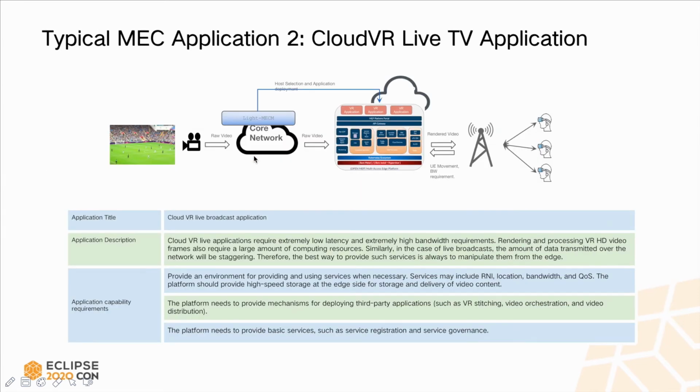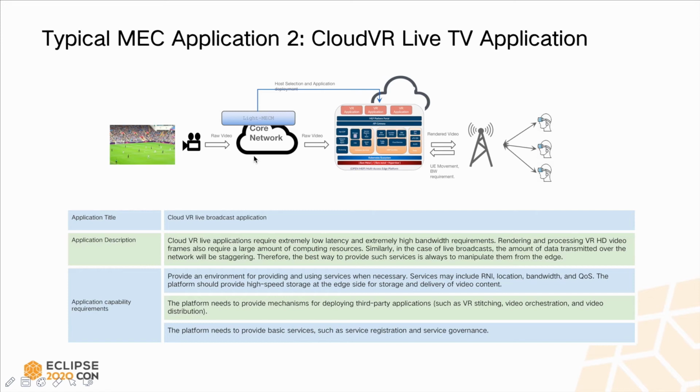The second scenario for 5G MEC is the CloudVR live TV application. The CloudVR live broadcasting application requires extremely low latency at extremely high bandwidth. Running and processing VR HD video frames also requires a large amount of computing resources.